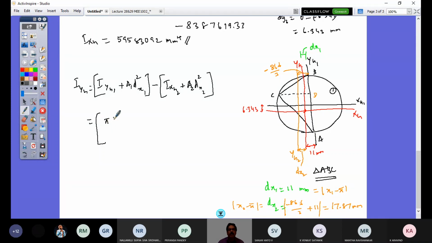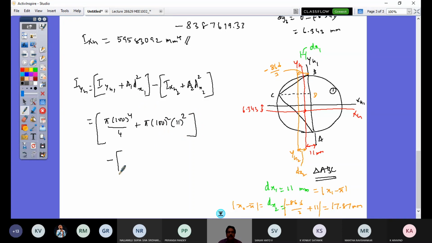So that is 5 into 100 power 4 by 4 plus area A1, pi into 100 square, into dx1. dx1 is, so here what is x1? x1 for the circle is 0 minus of minus 11, so it is 11. So that's correct. So here it is 11 square. So that is for the circle.